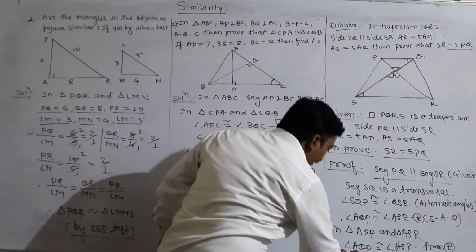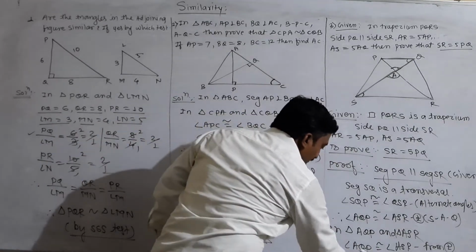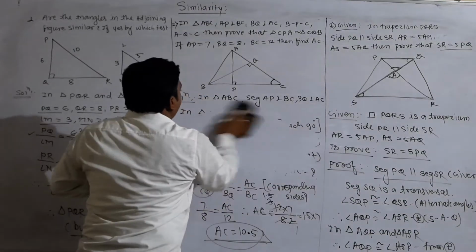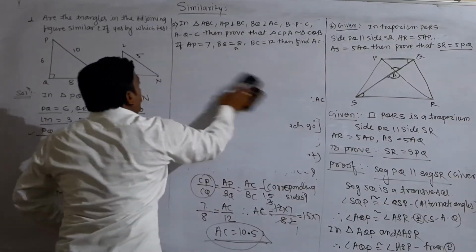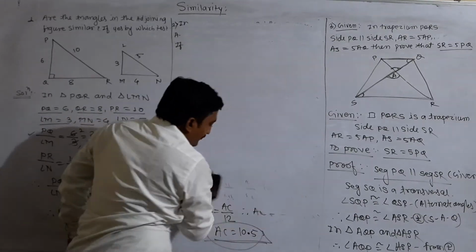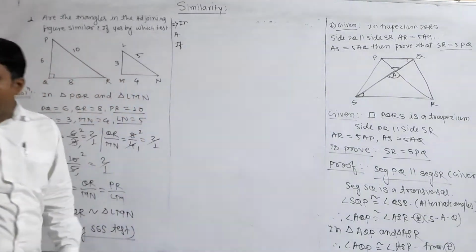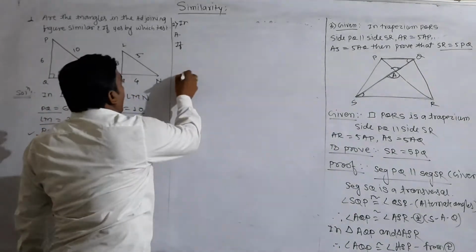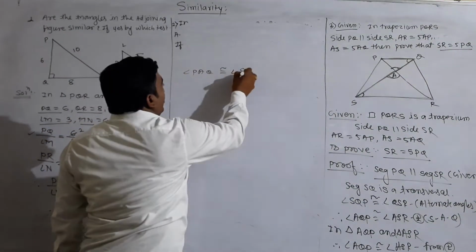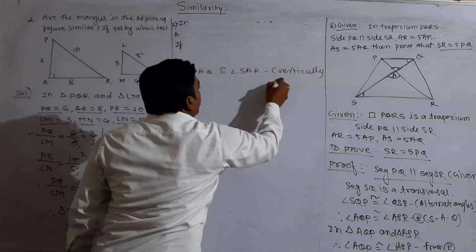So angle AQP is congruent to angle ASR, and second, angle PAQ is congruent to angle SAR, vertically opposite angles.